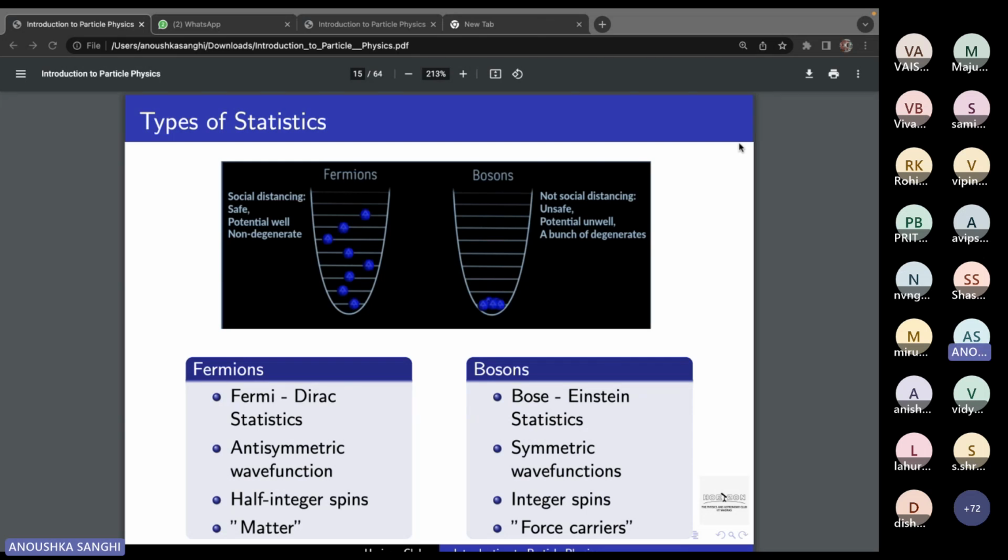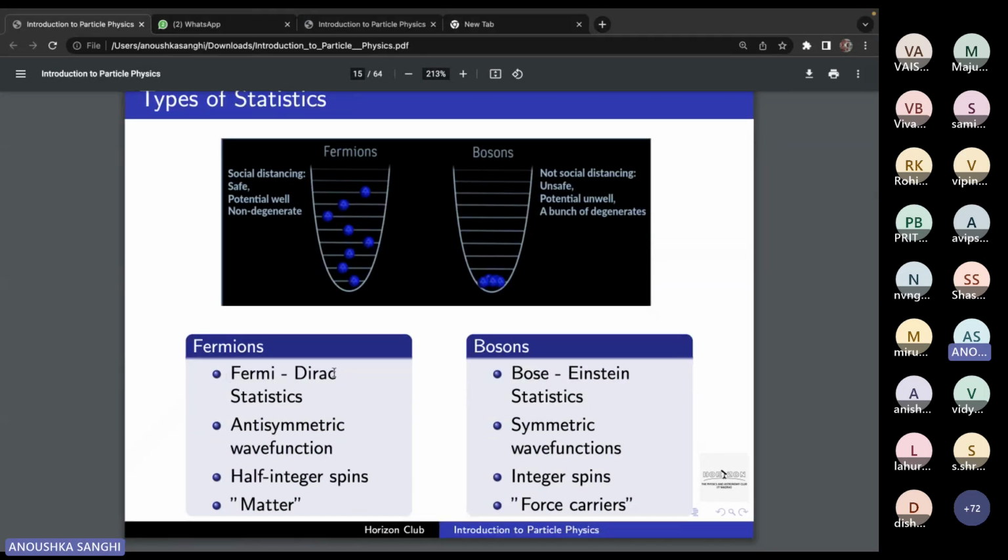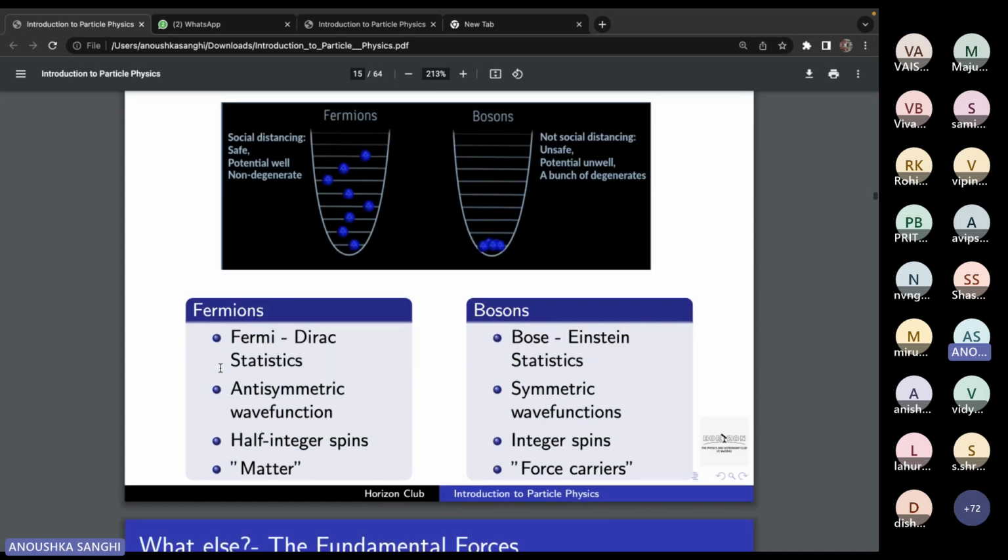So here there are two things: Fermi-Dirac statistics and Bose-Einstein statistics. First of all, you should keep in mind that Fermi-Dirac statistics are obeyed by particles which have half integer spins, like fermions. That's what I have explained. And these particles also obey Pauli's exclusion principle.